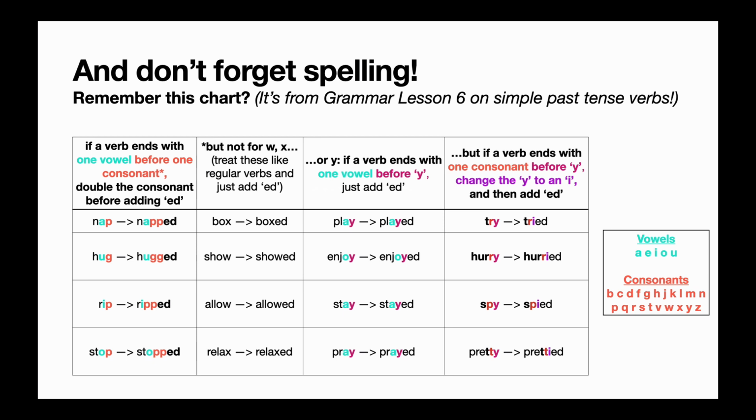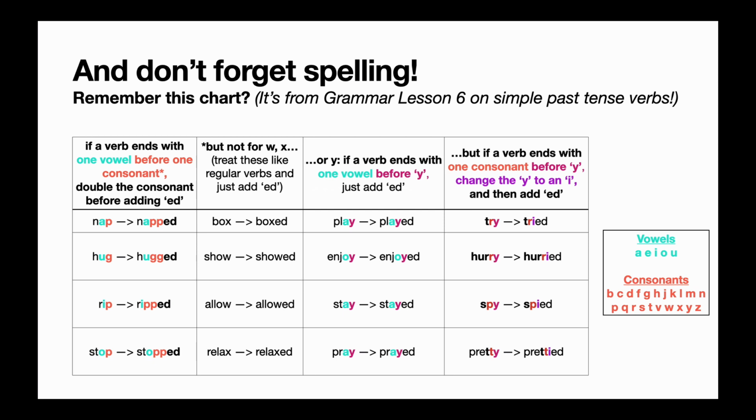Okay, there's also a little bit of spelling to remember. So if you've done all the grammar lessons, you would remember this chart from grammar lesson 6 on simple past tense verbs. We use this chart to show you when you should double the consonant, right?